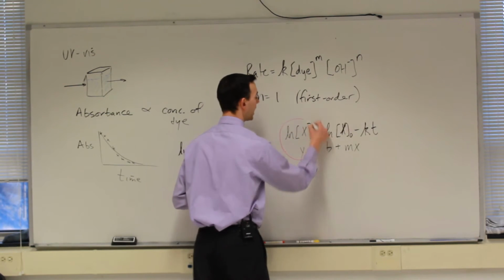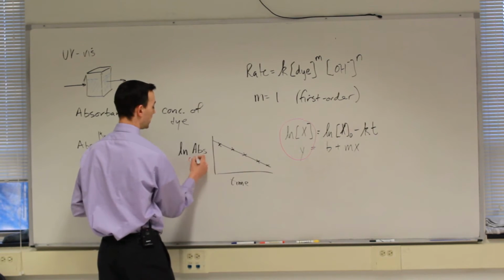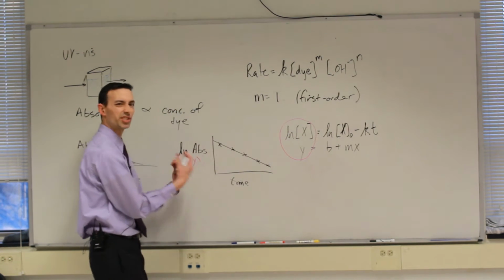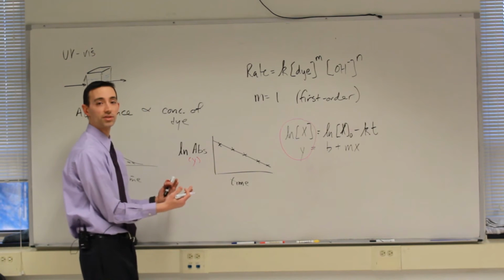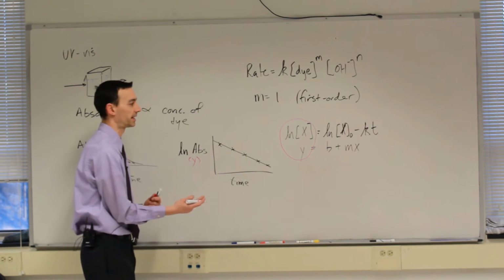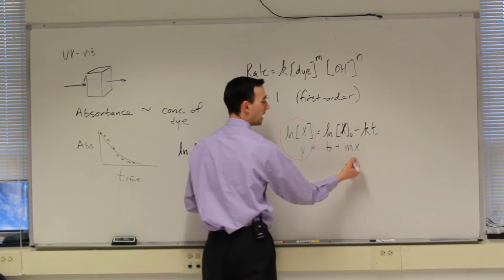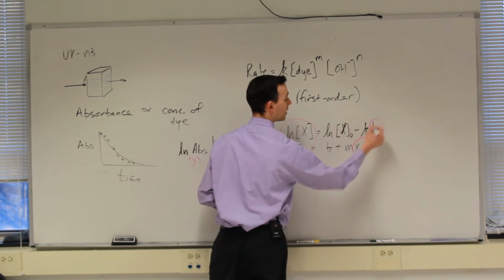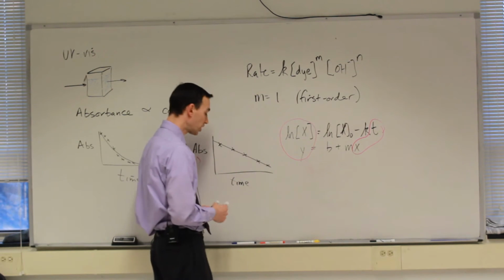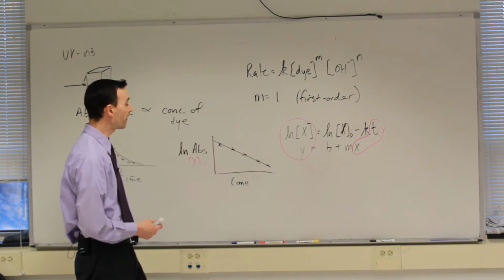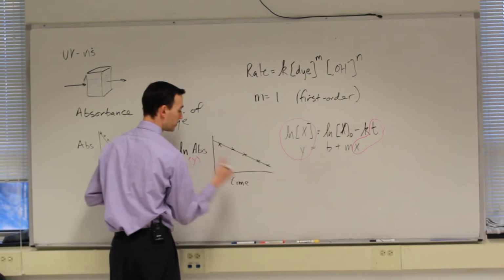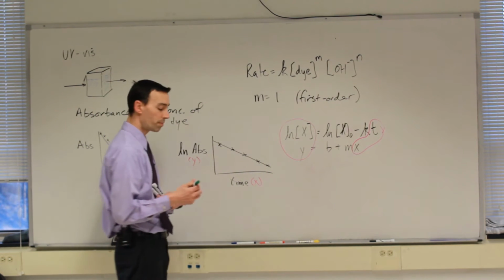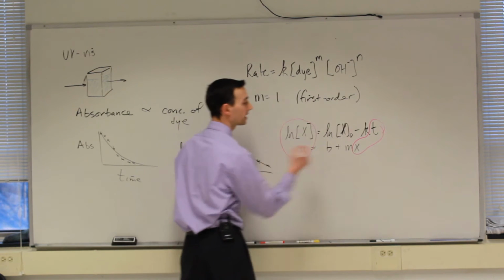So y is my ln of concentration or absorbance, which is a stunt double, so to speak, for concentration because they're directly linked. x is time. That means that the slope of a graph of ln of absorbance versus time is related to the rate constant.